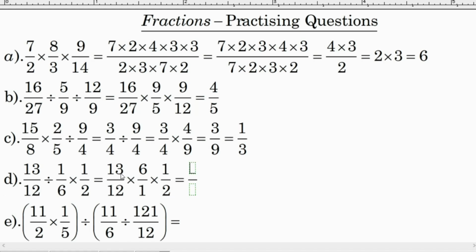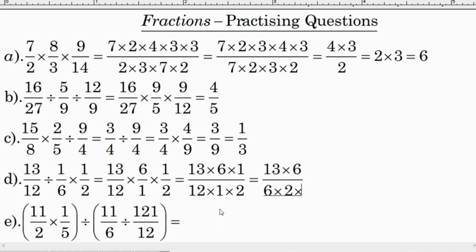So here is 13, and then multiply with 1 here, and then 12 multiply with 1 and then multiply with 2. Okay, so then we can write here 13 multiply with 6, and here 12 can be written as 6 multiply with 2 and then multiply with 2 here.